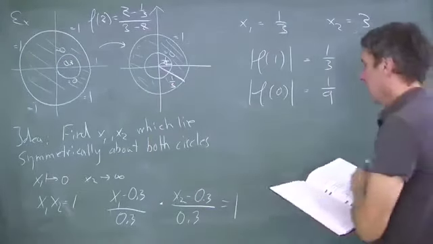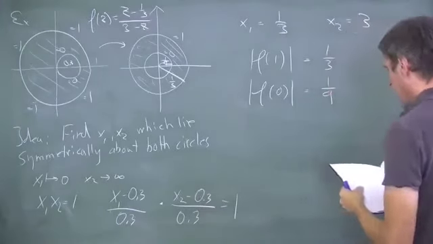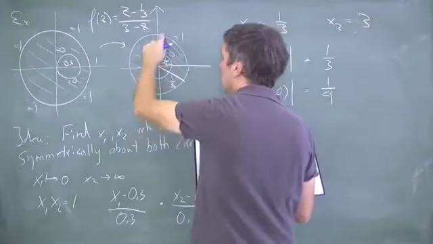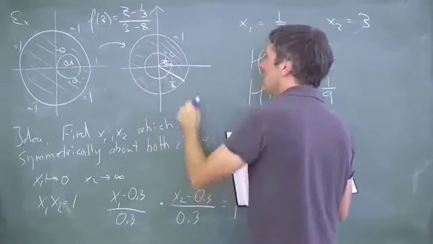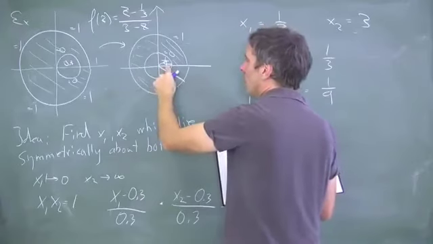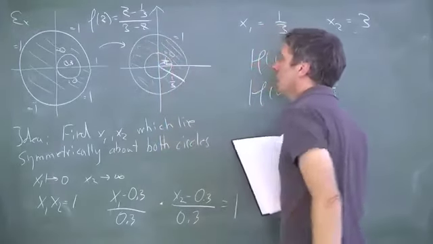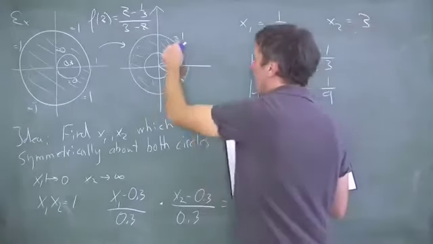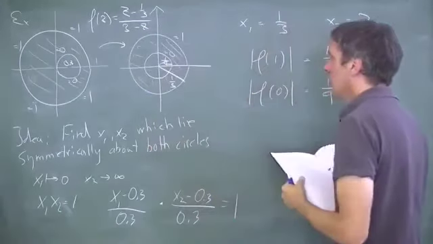Okay, so then we simply have to find now the harmonic function in this region, which takes the value 0 on the circle with radius 1/9 and the value 1 on the circle with radius 1/3.